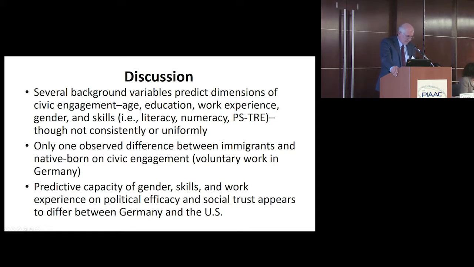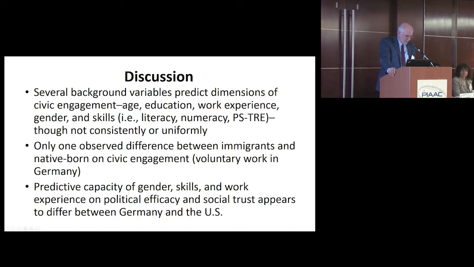In Germany, immigrants were less likely to participate in voluntary work than the native-born. There were a few cross-national differences in the skills predictors of the social trust dimension. These differences, we think, might be due to differences in the two countries regarding how adults acquire and use literacy, numeracy, and digital skills.